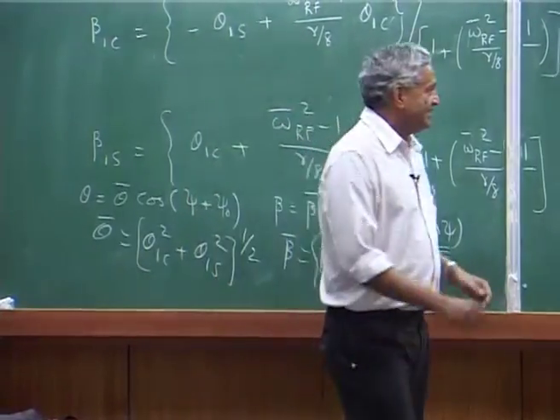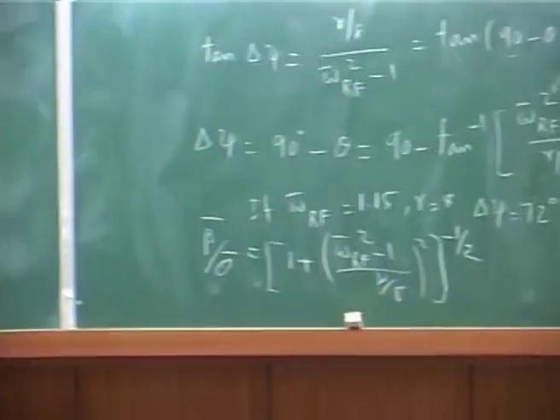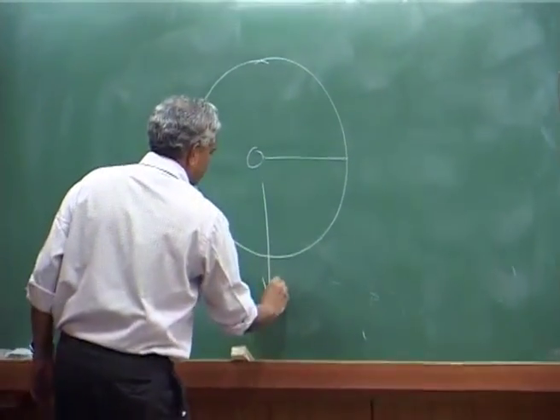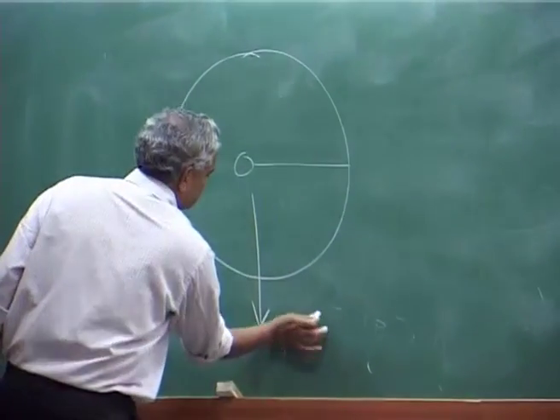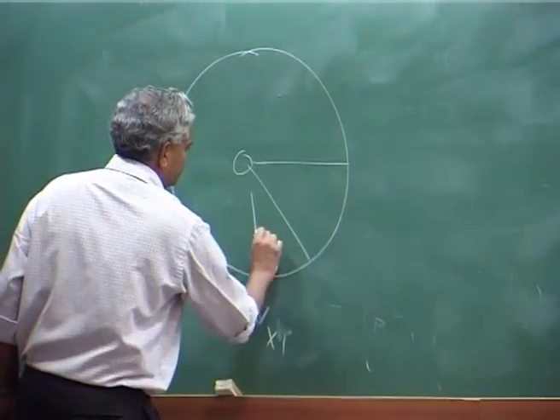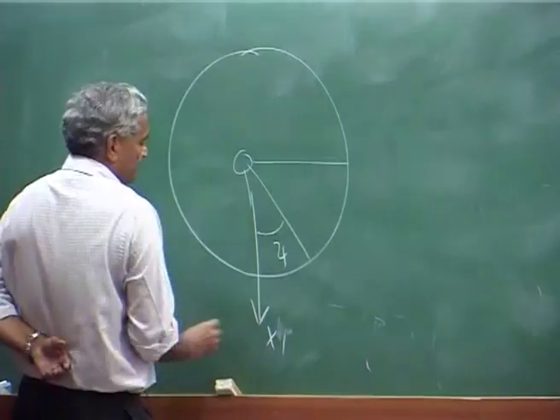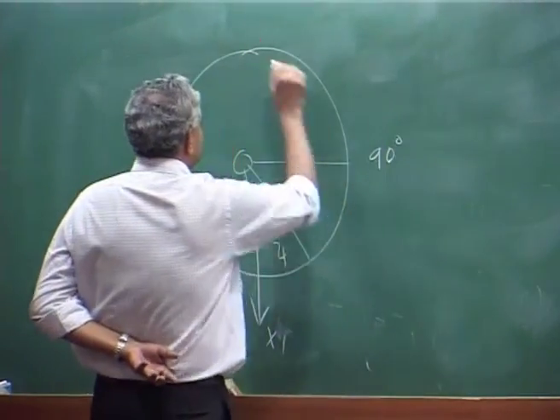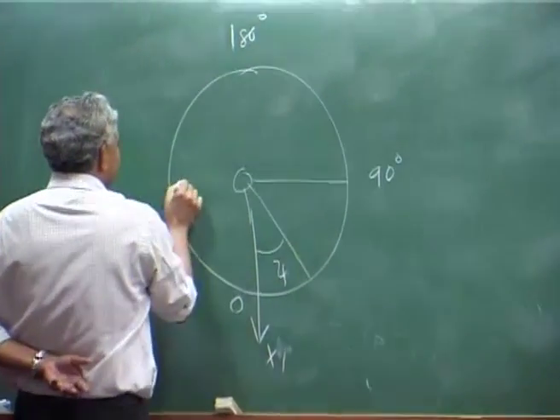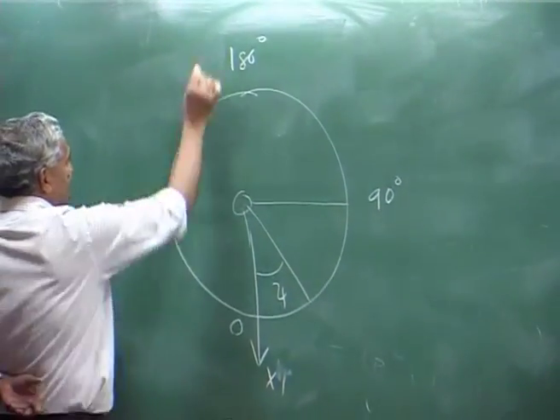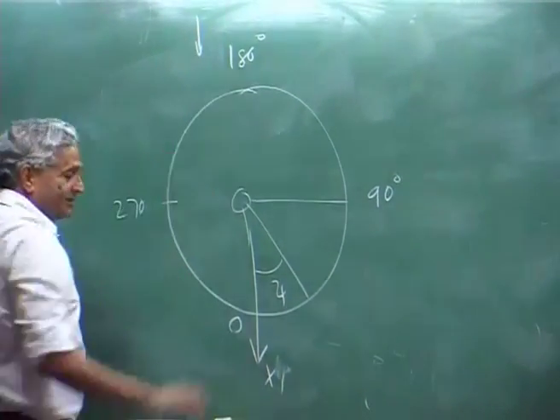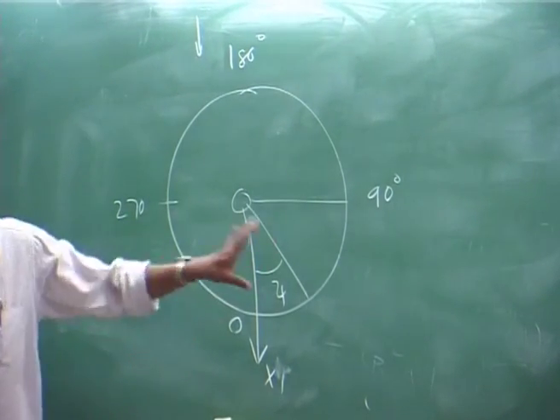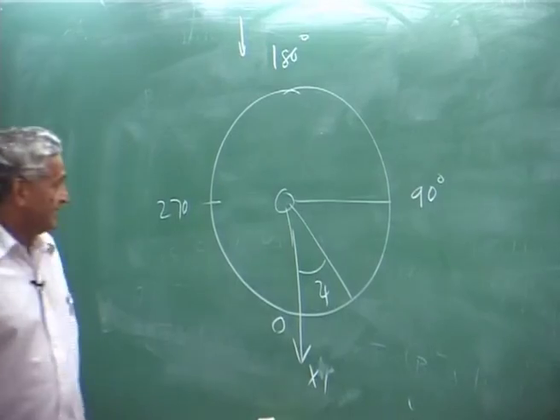If you have the rotor disc, if this is x, this is psi, this is 0 degree, 90 degree, 180 and 270, and you are flying forward, velocity is coming. I am just doing the hover case, because forward flight also will change.